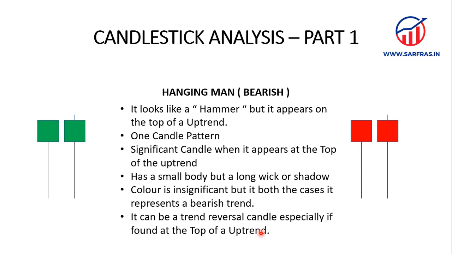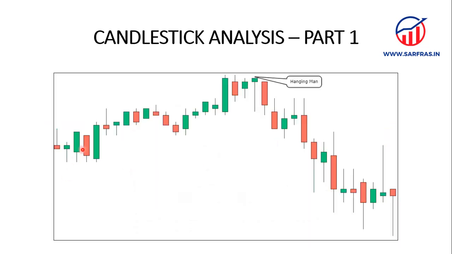So basically everything remains the same as a hammer, but the difference is that when it appears at the bottom, the trend is up, and when it appears at the top of a trend, you call it a hanging man, and that represents that the price is most probably going to fall. So let's move ahead and check out the same in a chart. You can see there is a price movement going on. It's moving upwards.